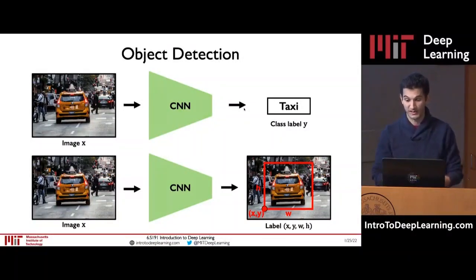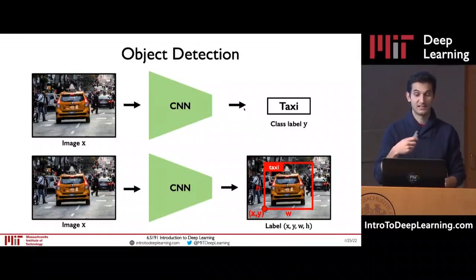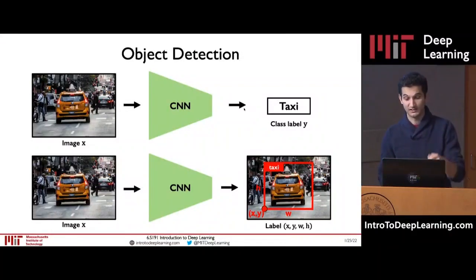Now this is a super hard problem because in a lot of images, there may be many different objects in the scene. So not only does it have to detect all of those different objects, it has to localize them, place boxes at their location, and it has to do the task of classification. It has to tell us that within this box, there's a taxi.